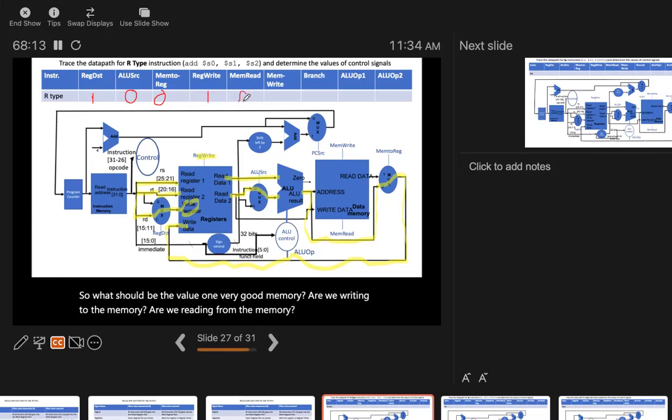No, so we don't allow reading. Are we writing to the memory? No, we are not writing to the memory either. So that's 0. Is branching involved here? No. Now for R type, ALU op 1 is 0 and ALU op 2 is 1.